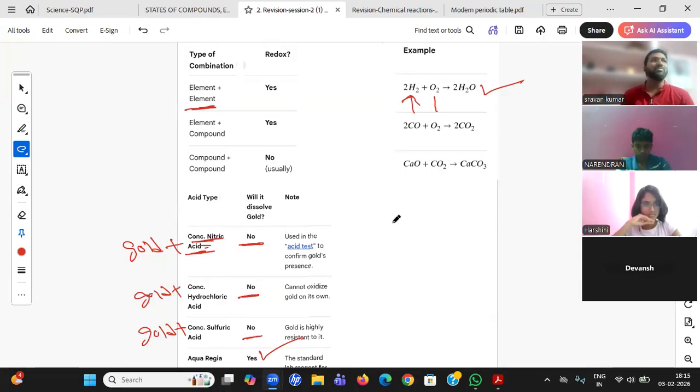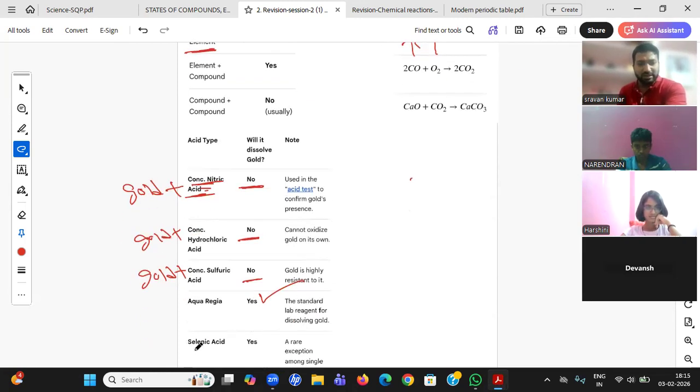Obviously, concentrated is more reactive than dilute, but we are not using it for your particular topic. Is there any exception here? Yes, students, selenic acid is again an exception, a rare exception. Aqua regia is a mixture of two things, HCl and HNO3, I guess, in a ratio of 3:1.